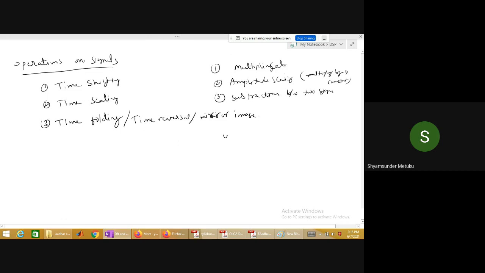The fourth one is important: linear convolution, which I have not discussed. And the fifth one is called circular convolution. In today's class, I think probably we'll complete this. If time permits, we'll discuss circular convolution. Is it clear?